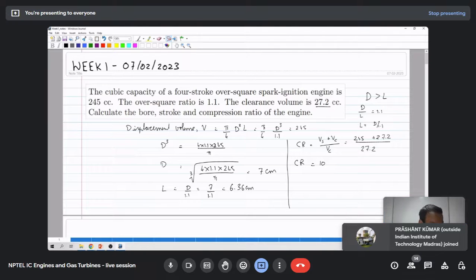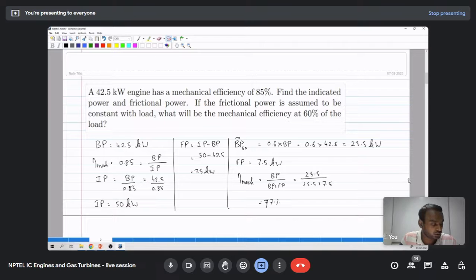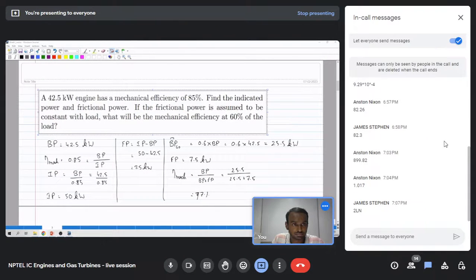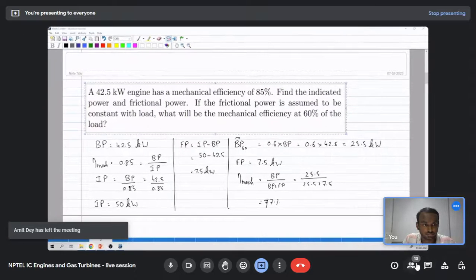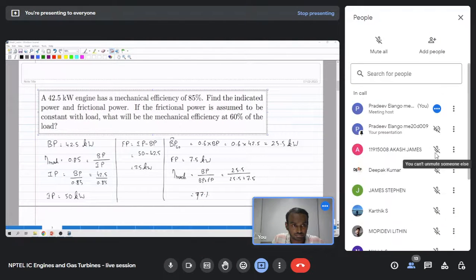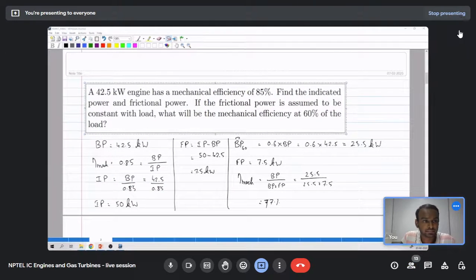Sorry, your voice is breaking. You can also write in the chat box.